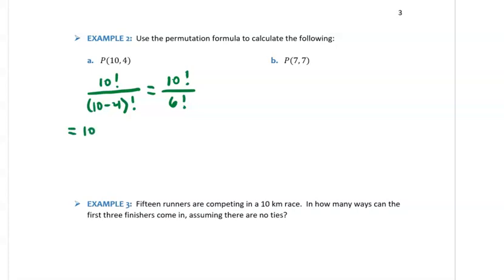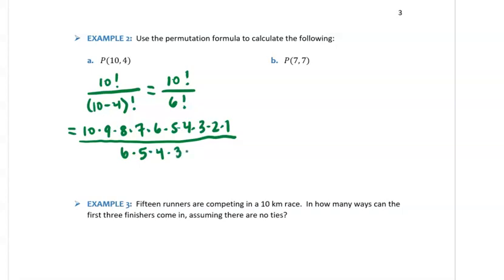Now, we can write out 10 factorial. So that's 10 times 9 times 8 times 7 all the way down to 1. And then we're dividing that by 6 factorial, which is the product of the integers from 6 down to 1.